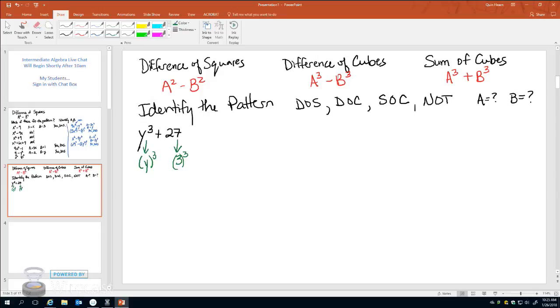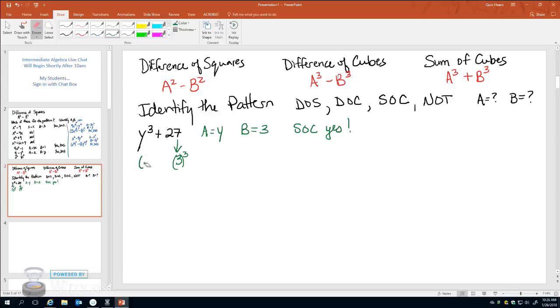So we see that we have found an a of y, the thing being cubed in the first term, and the b for the pattern is 3. So this does fit a pattern. It fits the sum of cubes, which I'm going to abbreviate SOC, sum of cubes, yes.